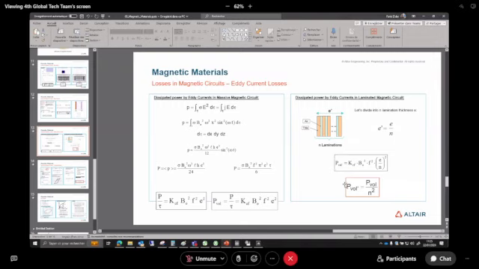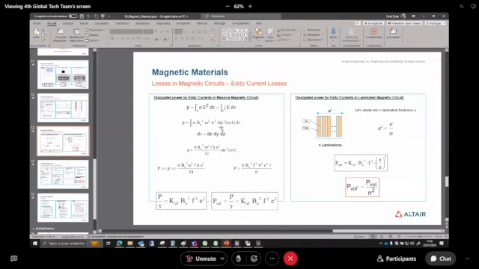And then finally, the losses on each lamination are divided by the number of laminations. Sorry, the total losses will be divided by n squared. N, if you remember, is the number of laminations. So the thinner the lamination, the better the reduction of the eddy current.